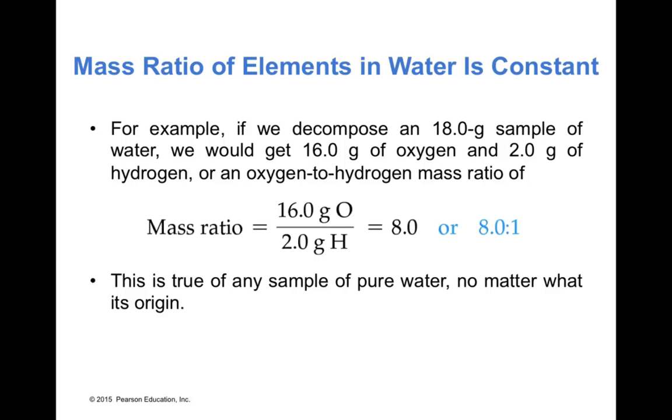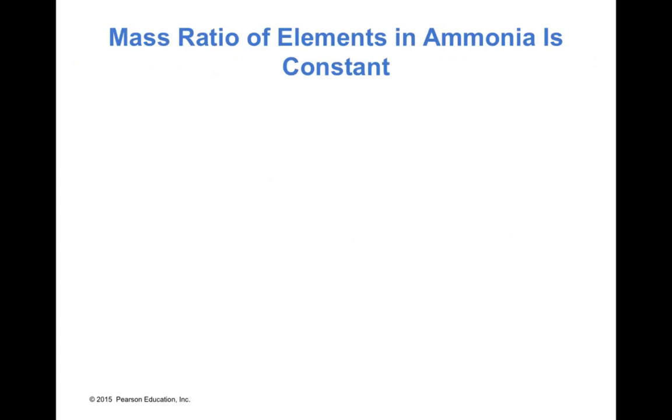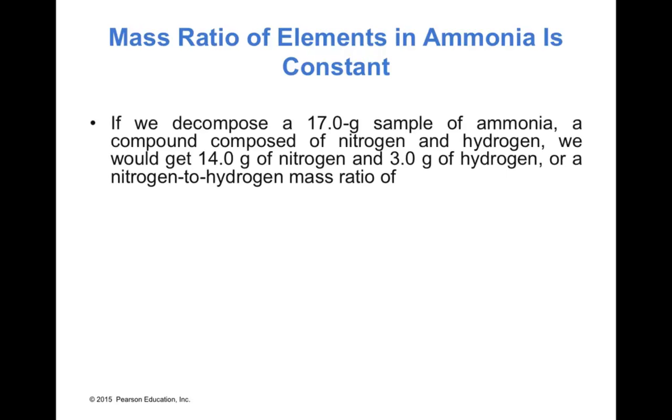Another example is another compound that is called ammonia. And the mass ratio for this compound is also constant. If we have a sample of 17 grams of ammonia, we will have 14 grams of nitrogen and 3 grams of hydrogen. Okay, so of all those 17 grams, 14 will be from nitrogen and 3 grams will be from hydrogen.